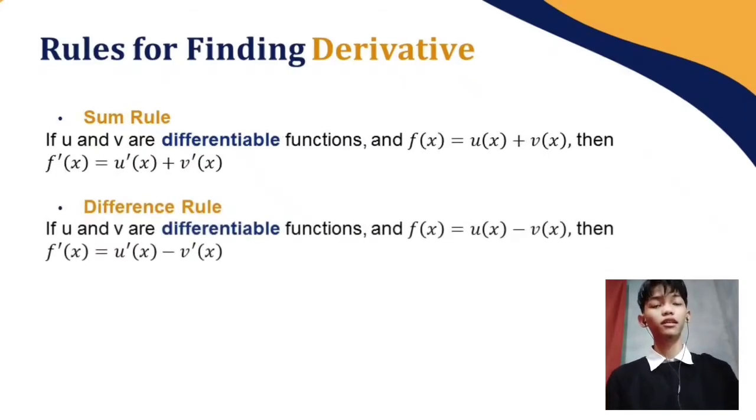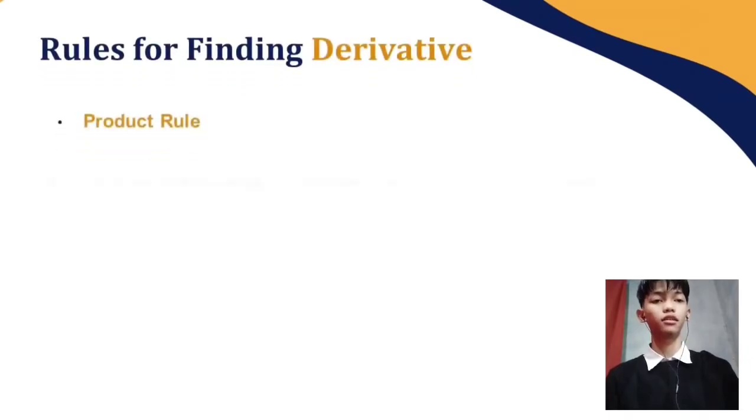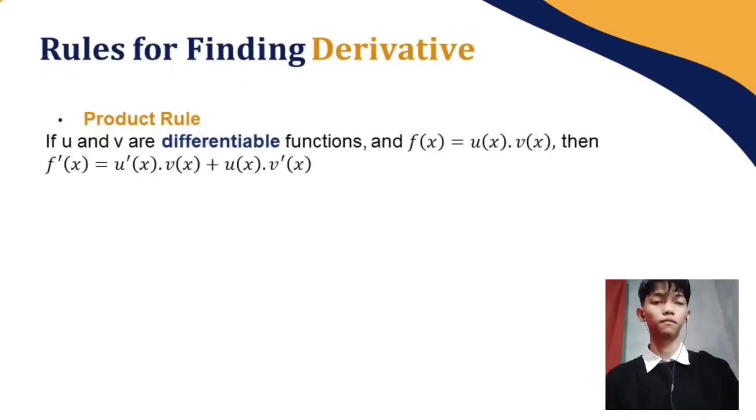And then the next rule is called difference rule. That is the same as the sum rule, but with a different operation. If sum rule is with addition, then difference rule is with subtraction. Okay. Next is product rule.